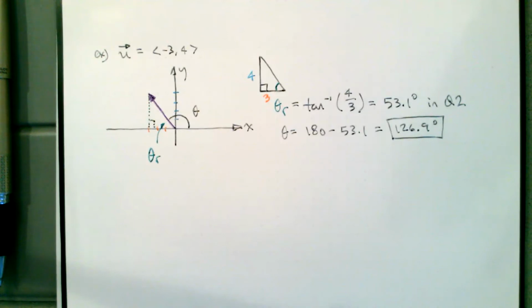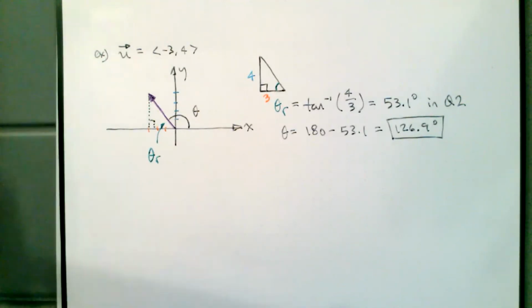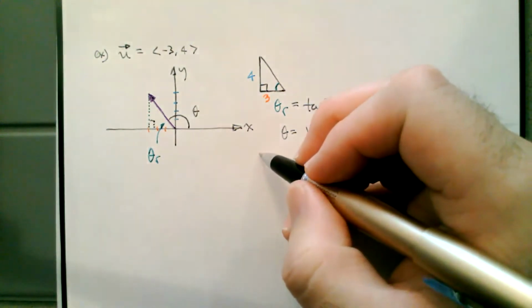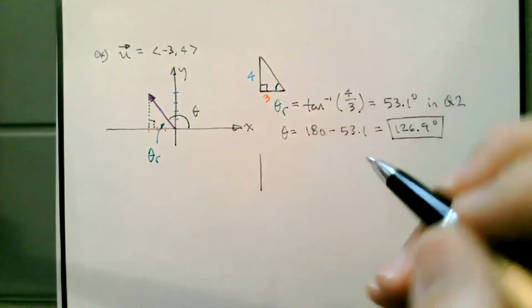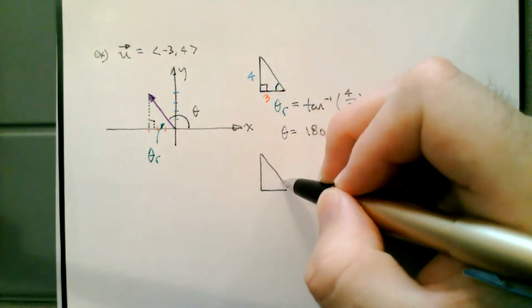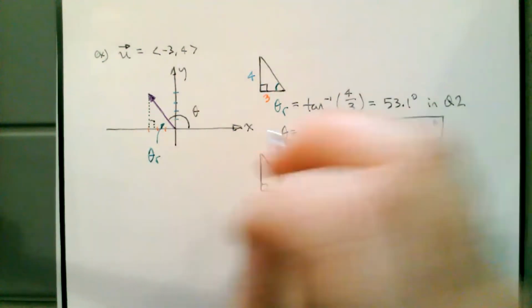Now, you might read the adjacent side 3 as -3, which is fine.